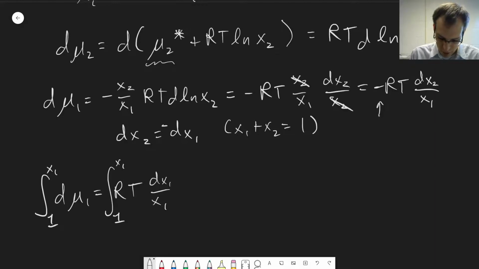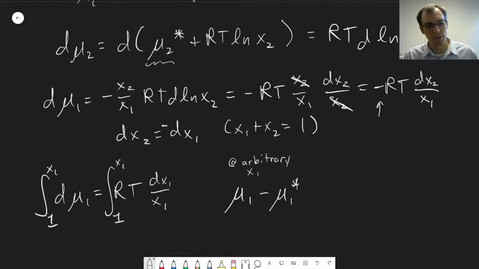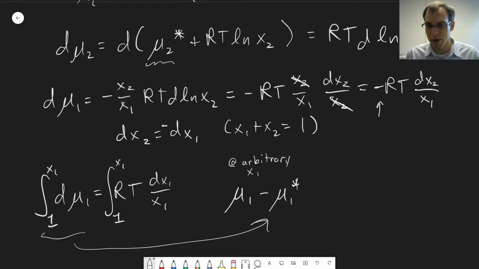We'll just get mu1 at our arbitrary x1, minus mu1 when x1 equals 1, which is mu1 star, mu1 for the pure substance. If we integrate just d whatever, we just get the difference at the specific values we're integrating.